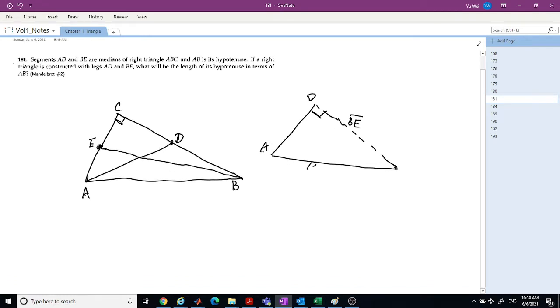So now let's parameterize it. We have C, this is a over 2 and a over 2, this is the midpoint. So this is b over 2 and b over 2.